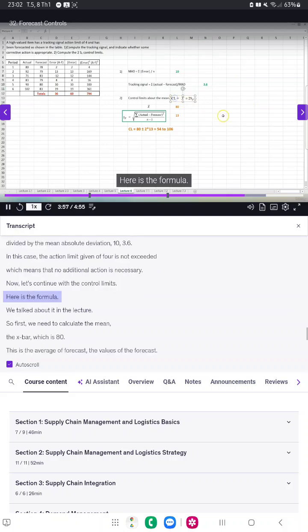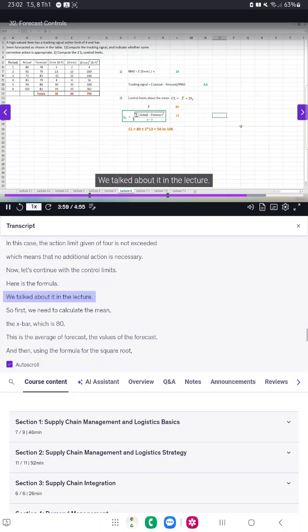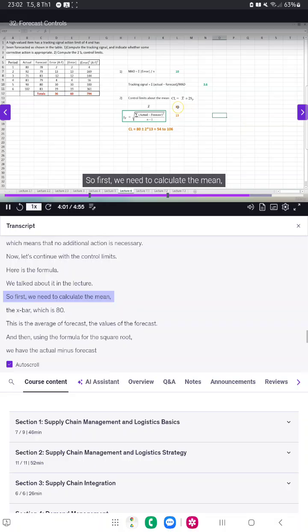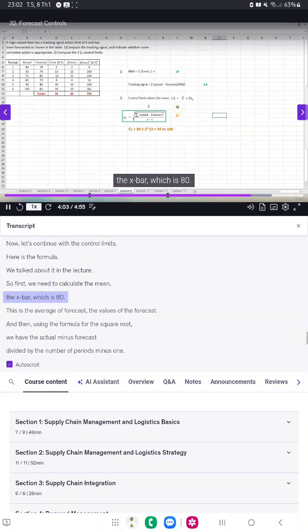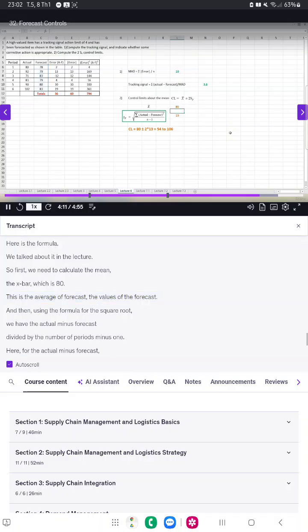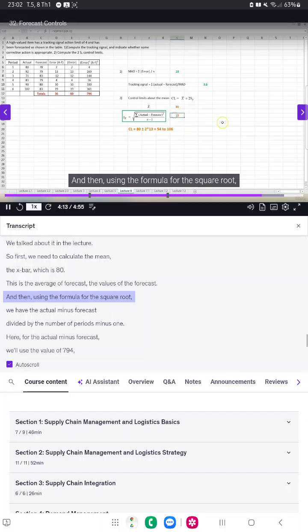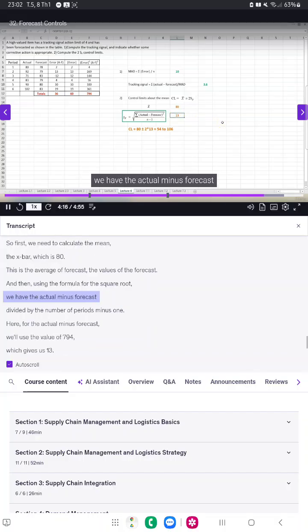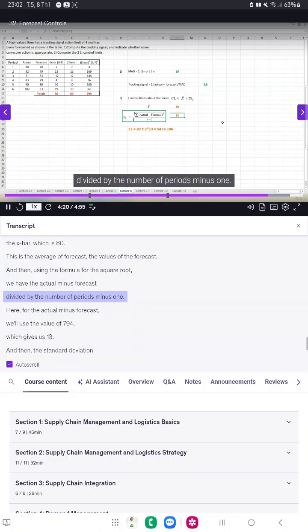Here is the formula. We talked about it in the lecture. So first we need to calculate the mean, the x bar, which is 80. This is the average of the values of the forecast. And then using the formula for the square root, we have the actual minus forecast squared divided by the number of periods minus 1.